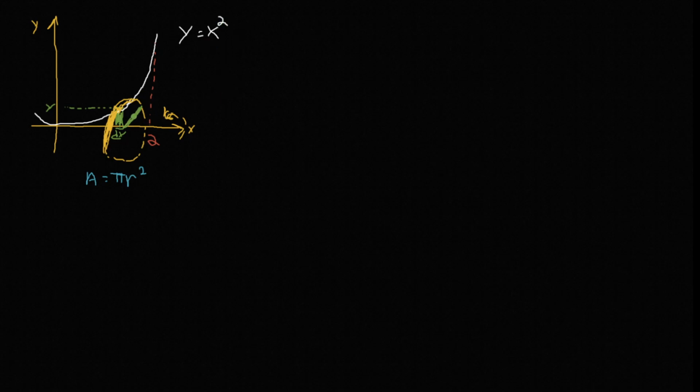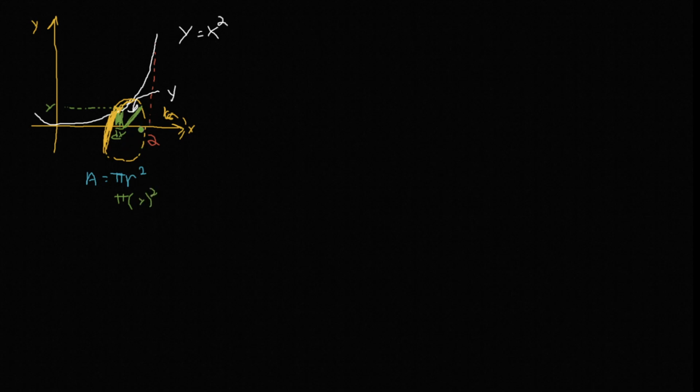That is x squared. This is y. So let me draw a beautiful arrow. This is y. This is our y value. So what we could really do is say this little area of the circle is just pi times y squared.